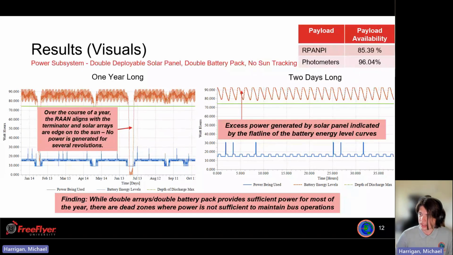So now looking at the double deployable solar panel and double battery pack with no sun tracking configuration, the numbers look a lot better, with 85.4% payload availability for the RPA and PI payload and a 96.04% availability for the photometers.